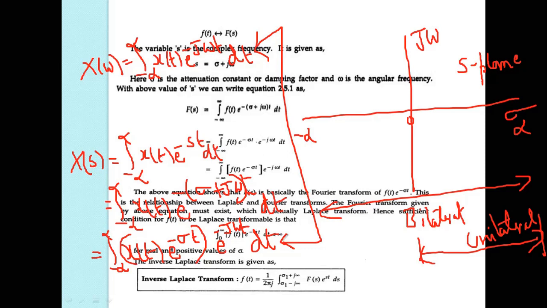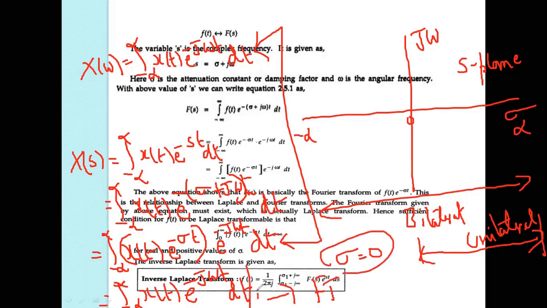It becomes the Fourier transformation when sigma is equal to 0. When sigma is equal to 0, e power 0 is 1, and it becomes the integral from minus infinity to infinity of x of t e power minus j omega t dt, which is the Fourier transformation definition.